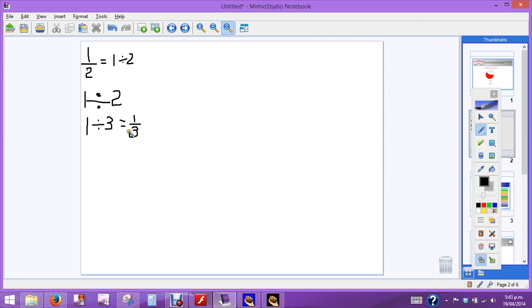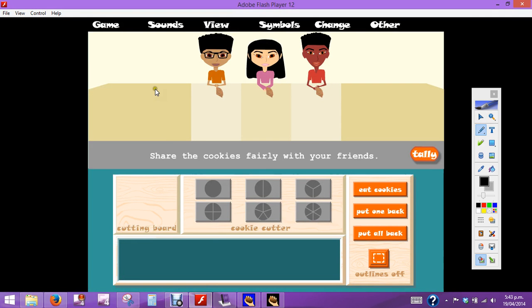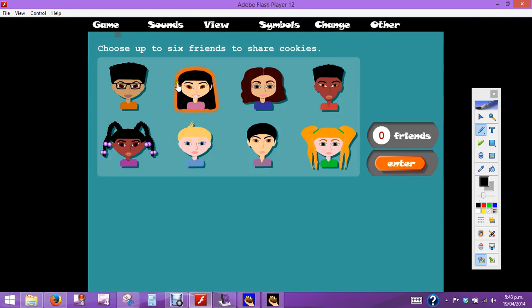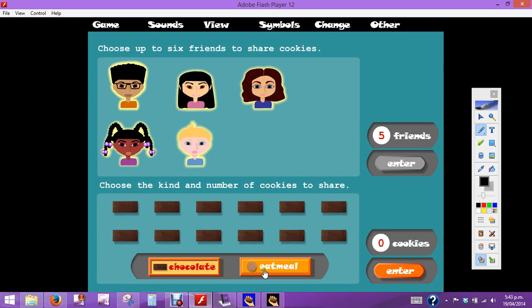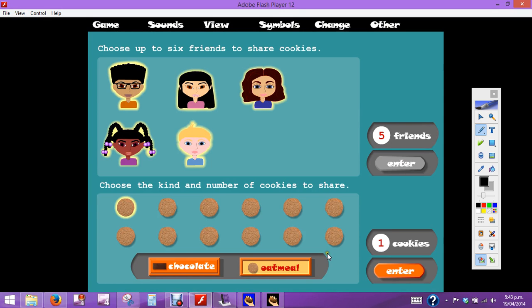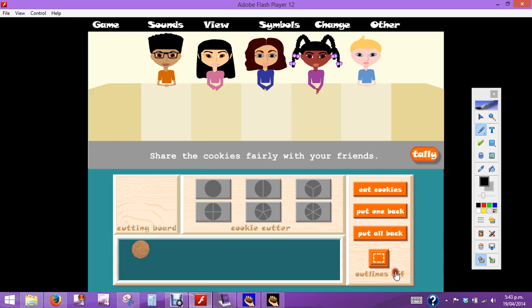And I can do that with any number of friends, my 1 cookie, any number of divisions. So let's get some more friends. 1, 2, 3, 4, 5 friends, 1 cookie to be shared by 5 friends. So 1 cookie here is to be divided up or shared into 5 equal sizes.